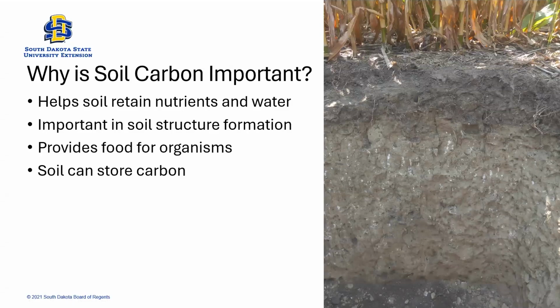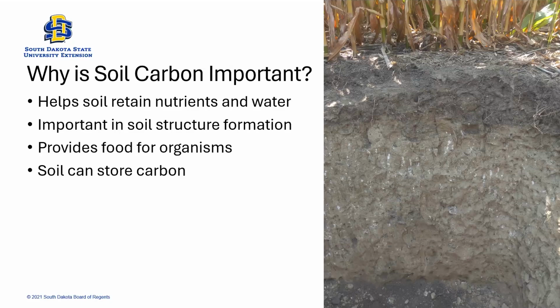So carbon is probably the most important element in the soil. And one of the most important parts of soil carbon is it helps the soil retain nutrients and water. Generally, as there's more soil organic carbon, there's higher cation exchange capacity, which is a measurement used to see how many cations the soil can retain, which is affected by clay content and organic matter content.